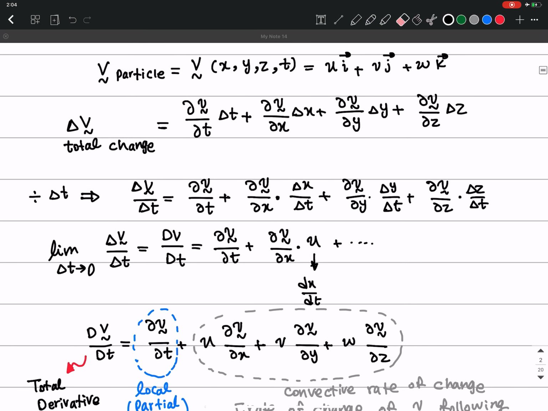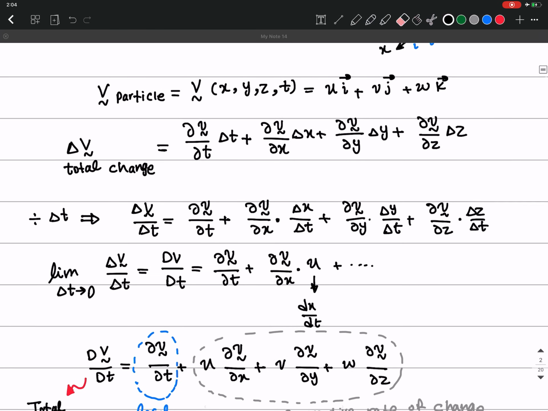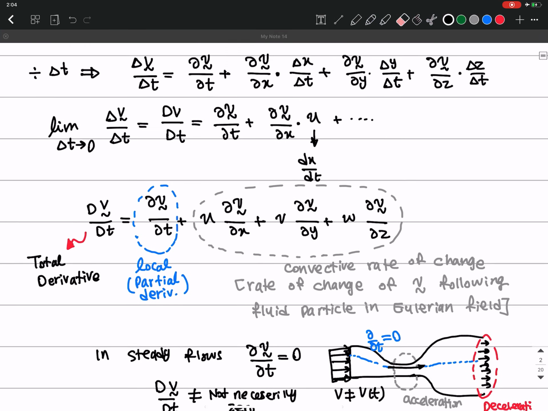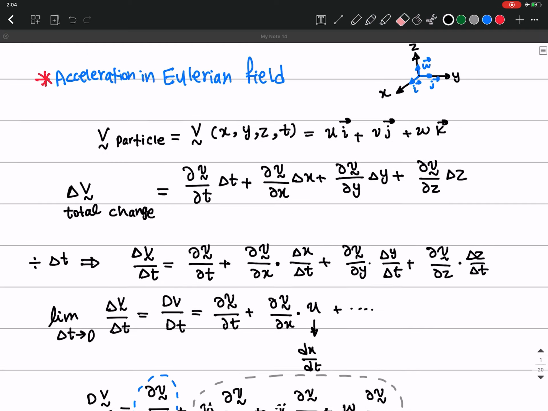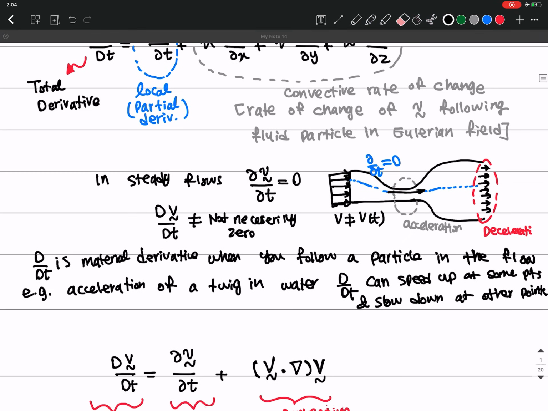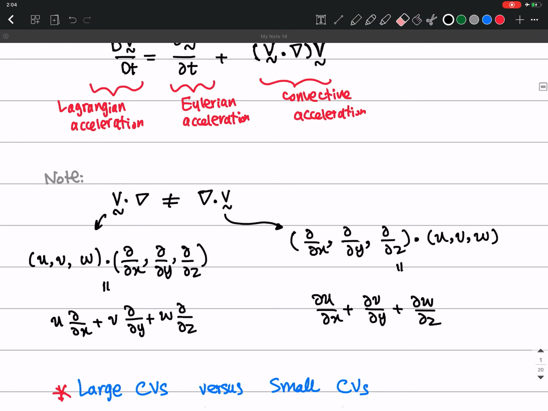And what is the second term? So the second term is, if you remember, let me see if I have it. If I've defined divergence, I have it here, right? This is the divergence.